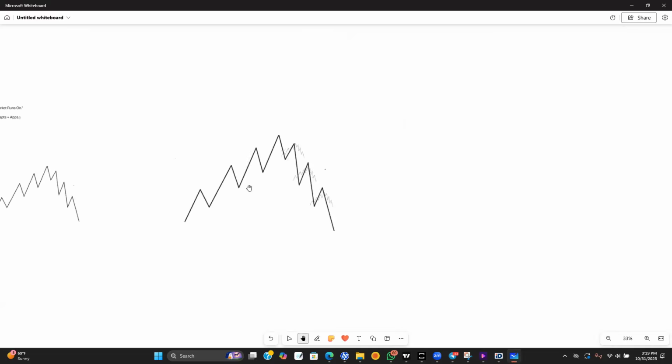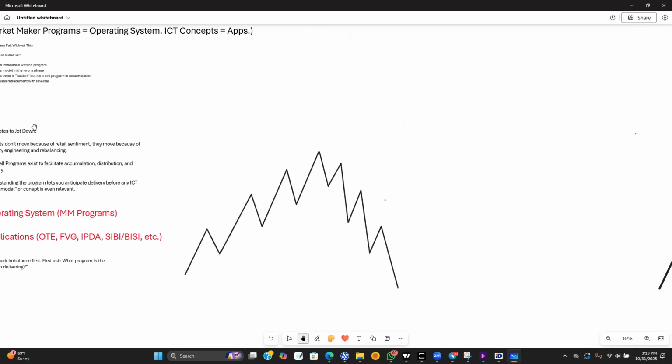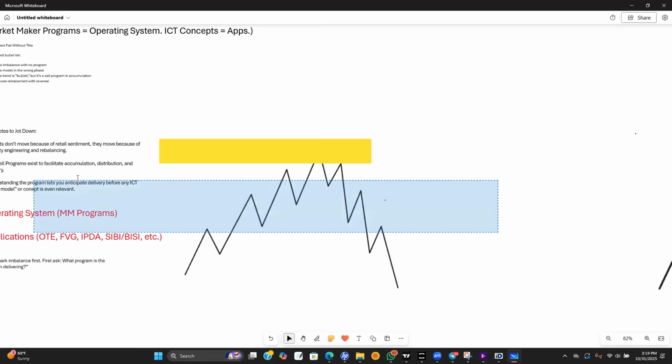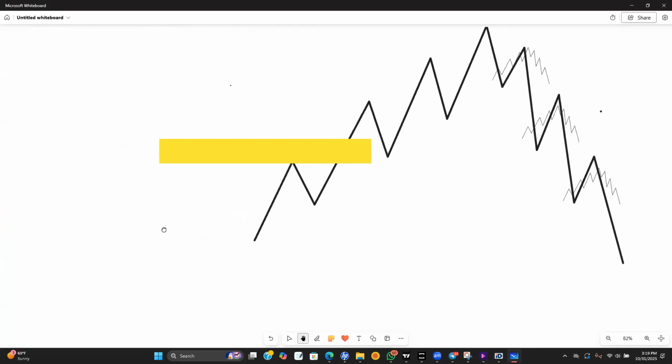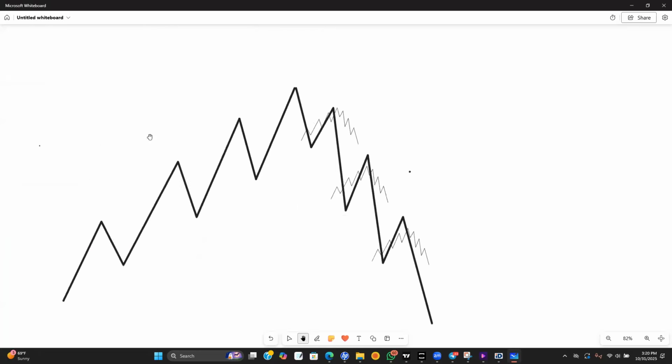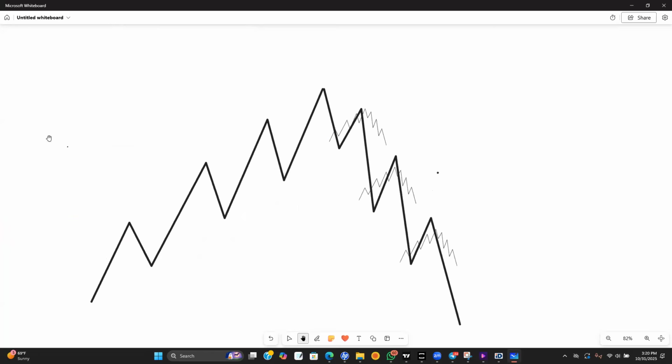We'd have to first understand that price has just run into that higher time frame array, which is forcing it to go through a transitional period or change in the state of delivery, which has gotten us on the sell side of the curve. Now, let's actually use time frames for example. Let's say that the array here is a daily array.